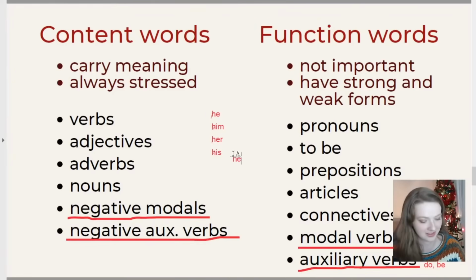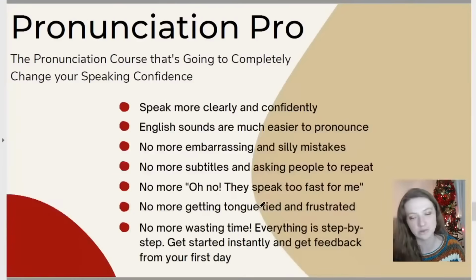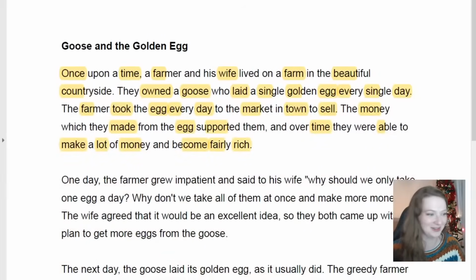"I miss hers." "This is hers." You can cut it. Some accents tend to cut them a lot more than others, but it's quite normal in just normal speech to cut them. "Them" as well, we cut the th with "them". "I was with them yesterday." So, "I was with 'em."